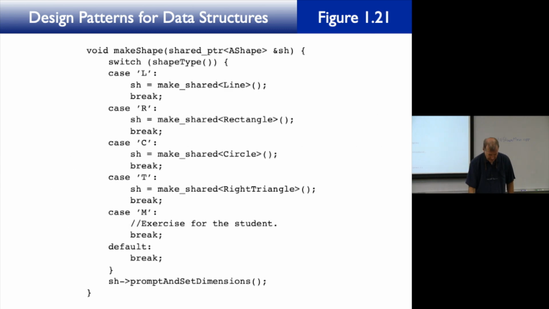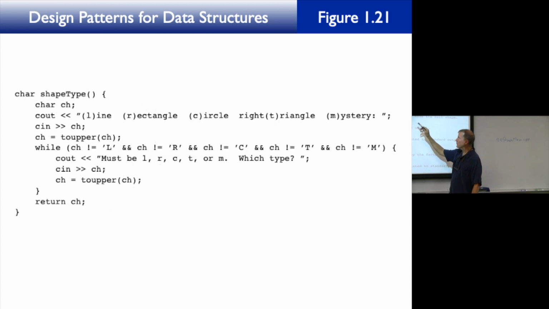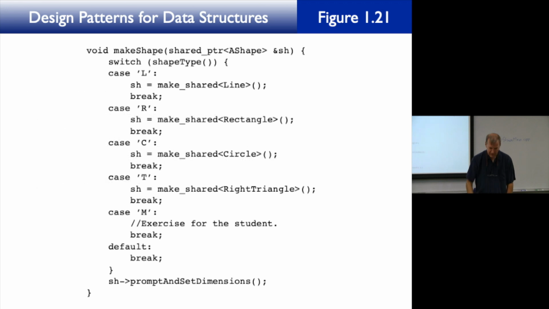And then here is make shape. All right. So let's remember what shape type is. So shape type prompts the user for a shape letter. Right. So when we do make shape, we do switch shape type, so that prompts for a letter, and so we switch on that letter.